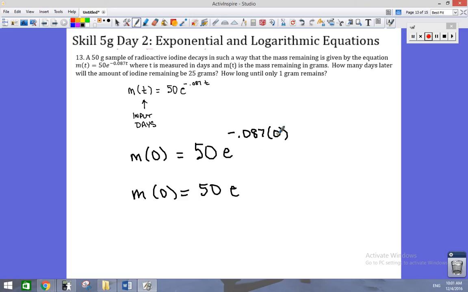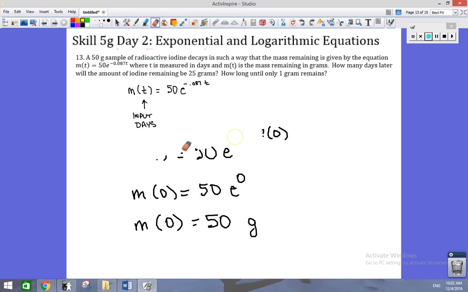Whenever you multiply by 0, you get 0. And by definition, as long as your base is not 0, anything raised to the 0 power is 1. So our mass is 50 grams at t equals 0. Okay, so that makes sense. That's where that 50 is coming from, so I don't have to do anything with that 50.